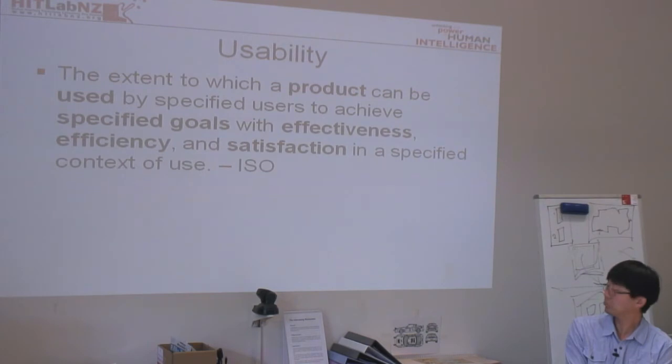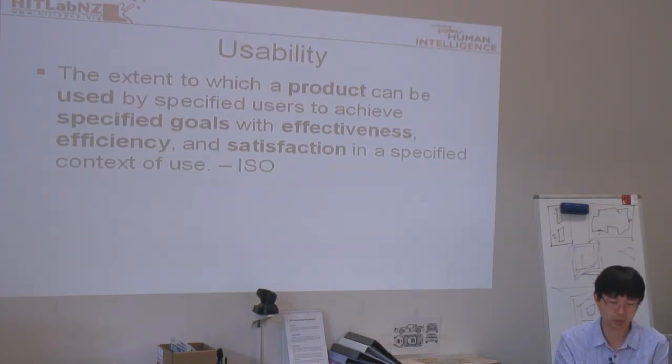So anyway, ISO defines usability like this. Usability is the extent to which a product or a human interface, in our case, can be used by specific users to achieve specific goals with effectiveness, efficiency, and satisfaction in a specified context of use.